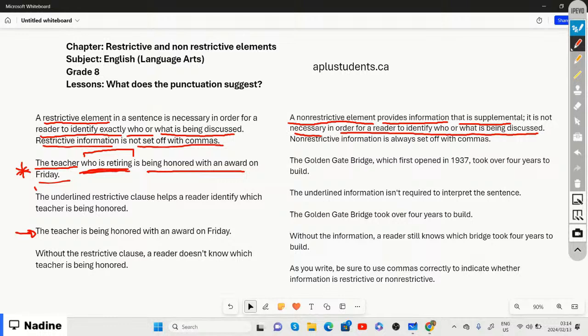And when it comes to non-restrictive elements, non-restrictive information is always set off with commas. Always.